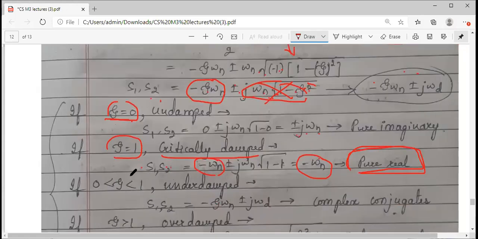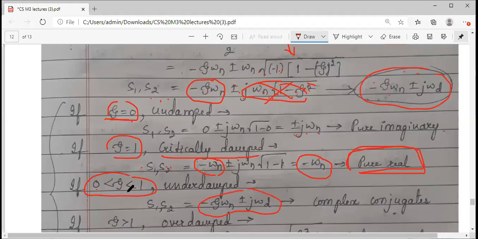Now coming to the next condition for the damping ratio. If you choose less than 1, not a negative value, between 0 and 1, then this will be your equation as it is. The equation for the S1, S2 roots will be this, because I cannot say less than 1 means take 0.5 or 0.75 and substitute.